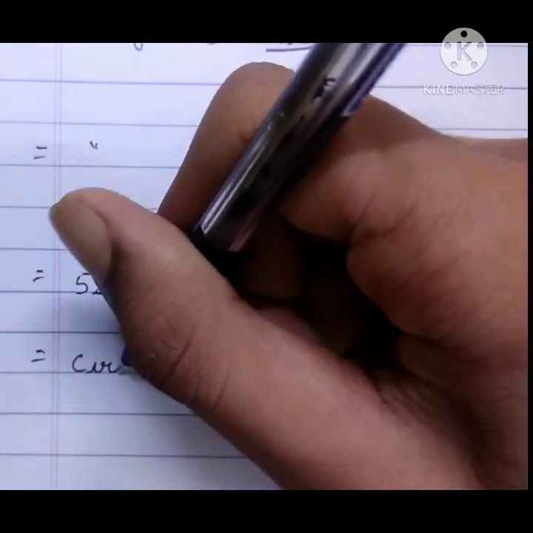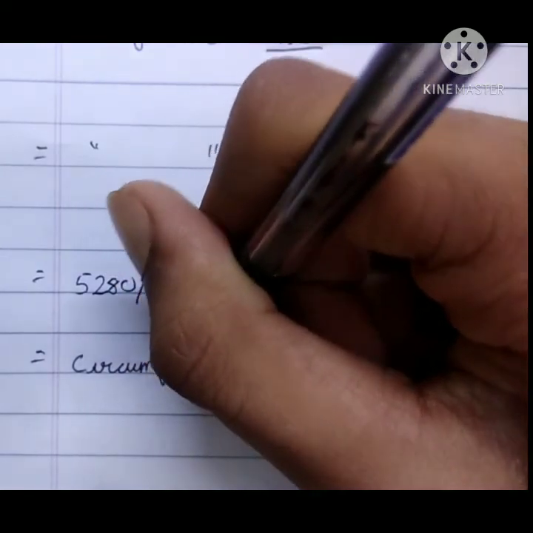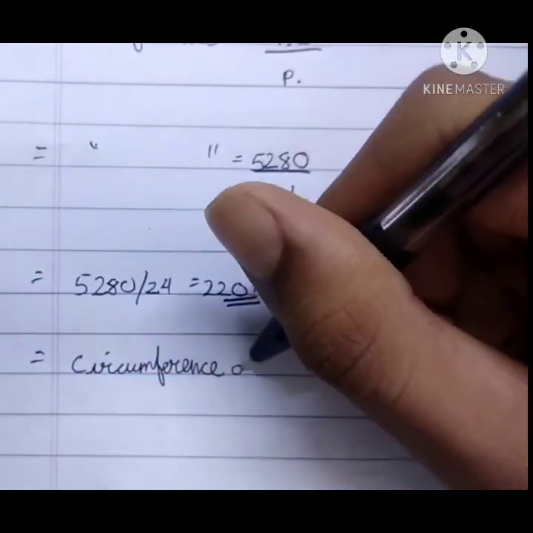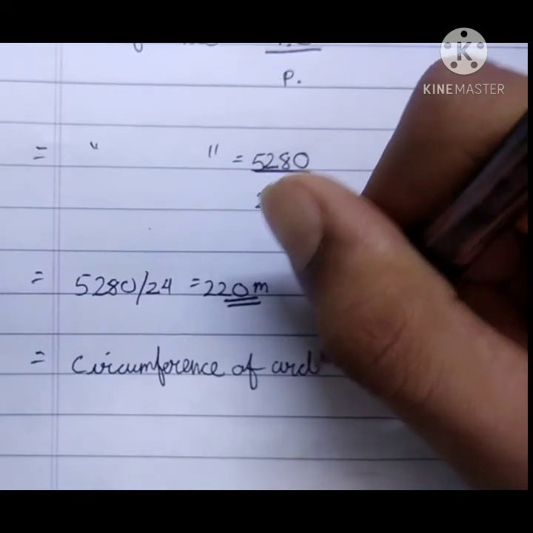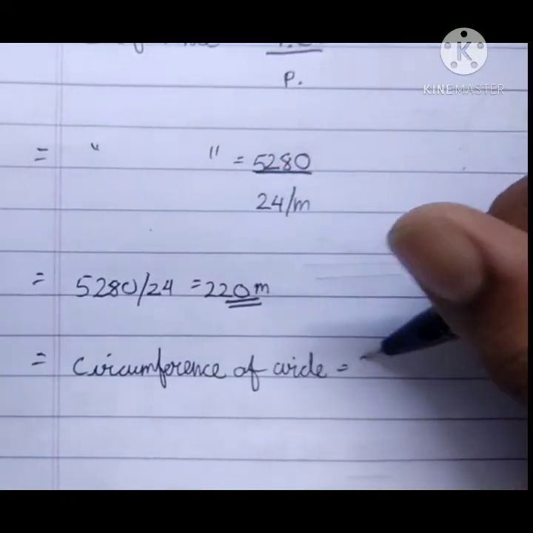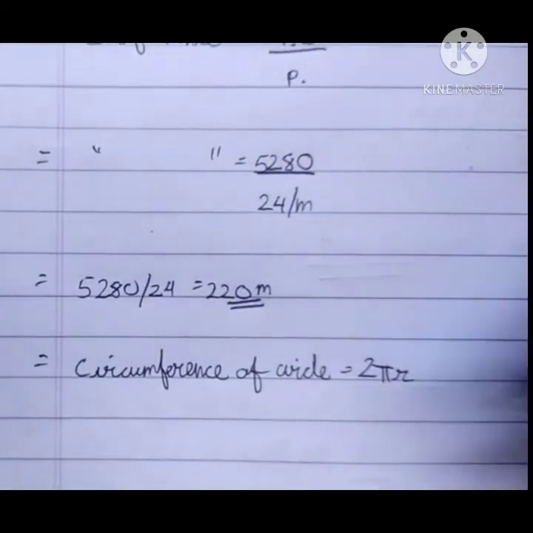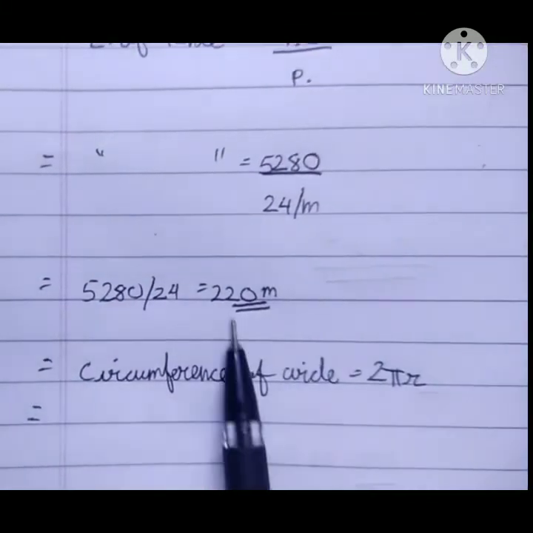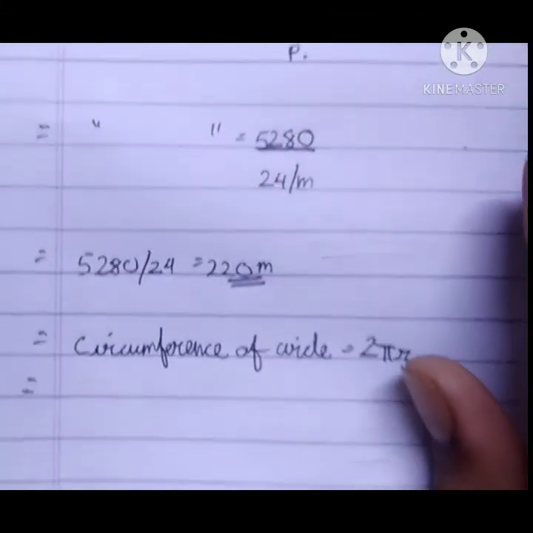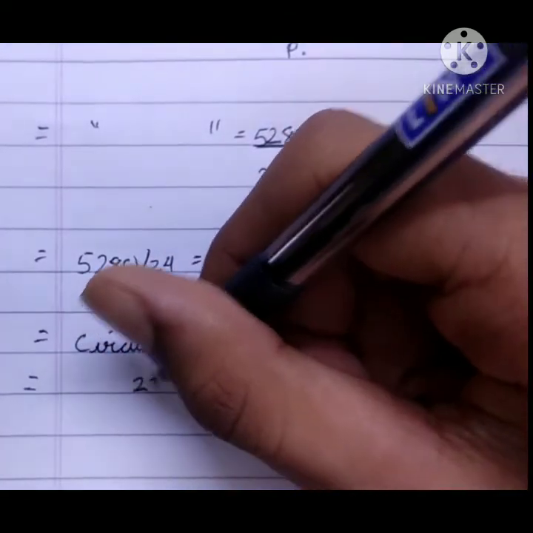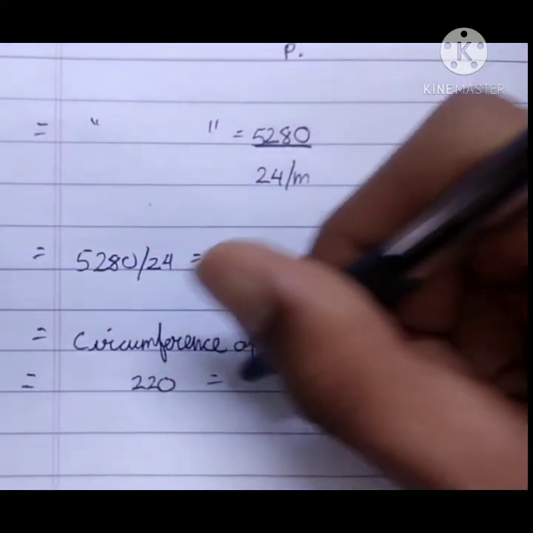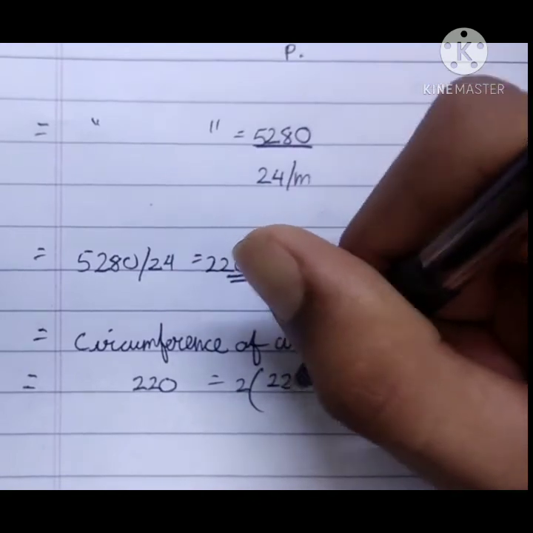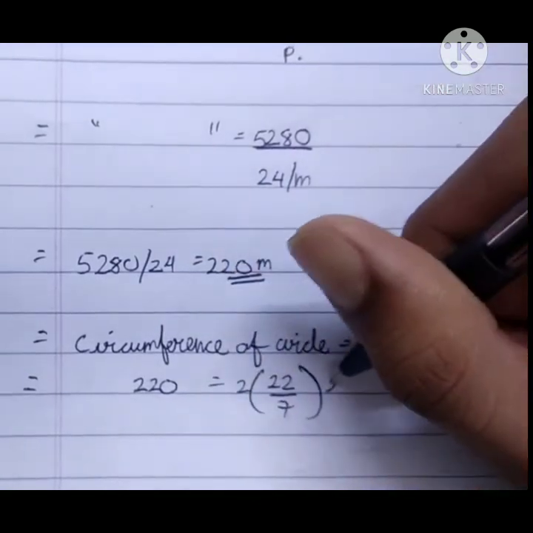Circumference of a circle is equal to 2 pi r, or pi d, which is the same. We need to find the radius, but we know the circumference is 220 meters. So let's substitute it. 220 meters is equal to 2 times 22 by 7 times r.